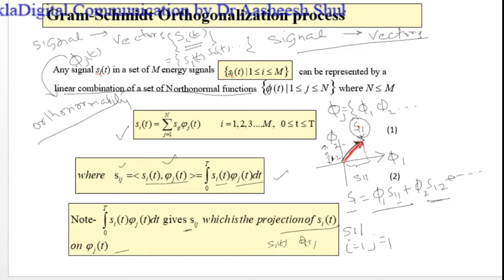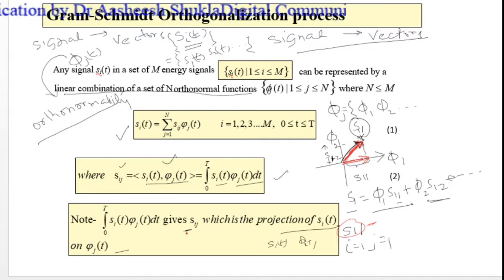If you take the projection of S1 on phi 1, this is S11. To get the projection of this vector on phi 1, you resolve this vector in this direction. So this value is S11, the projection of the S1 vector on phi 1.